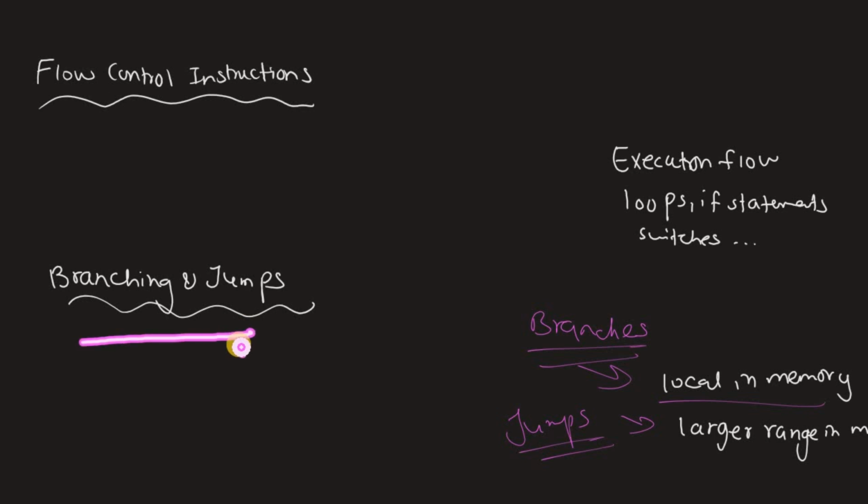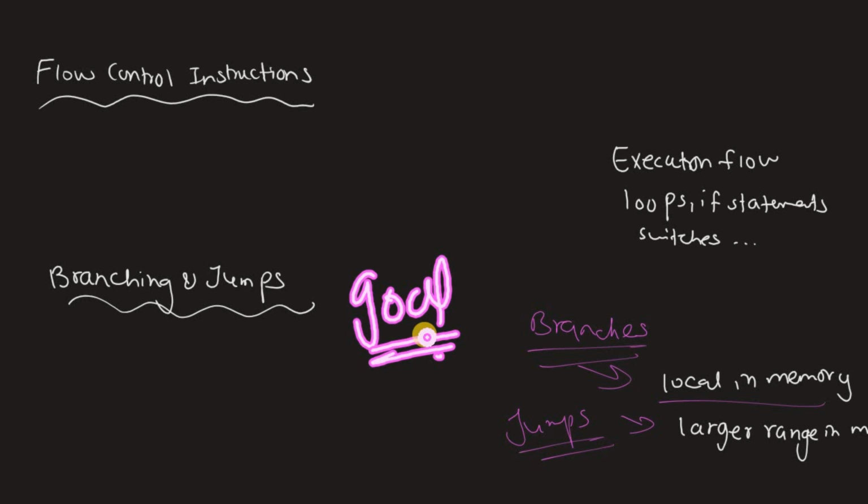Branches and jumps are basically the instructions that change the program counter. Remember the PC, the program counter. Both of these instructions perform basically the same goal, like jumping, but the implication by the name is different.